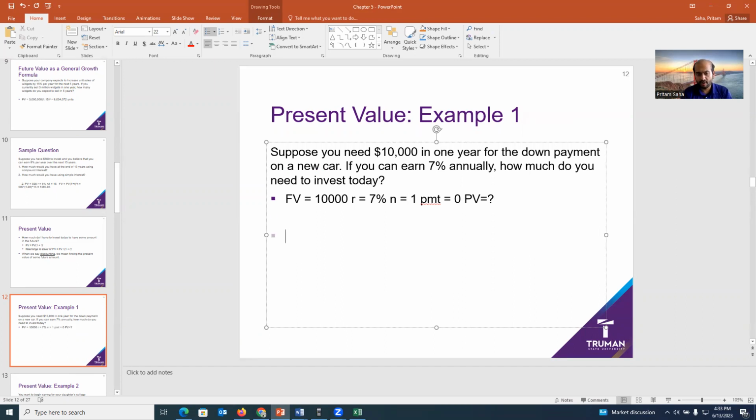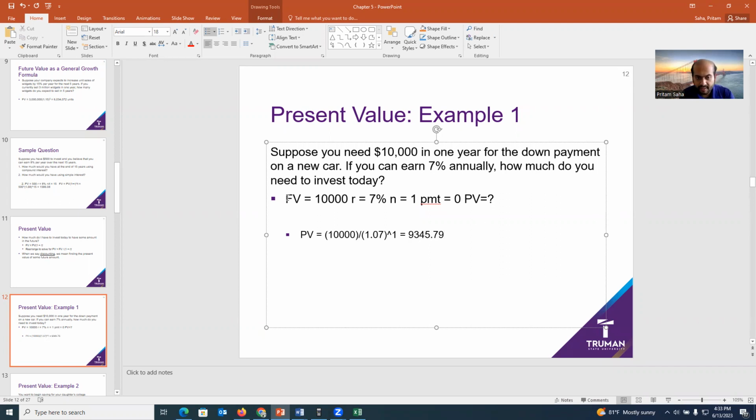If we use the formula method, present value is future value 10,000 divided by 1.07 to the power 1. So it's 9345.79.